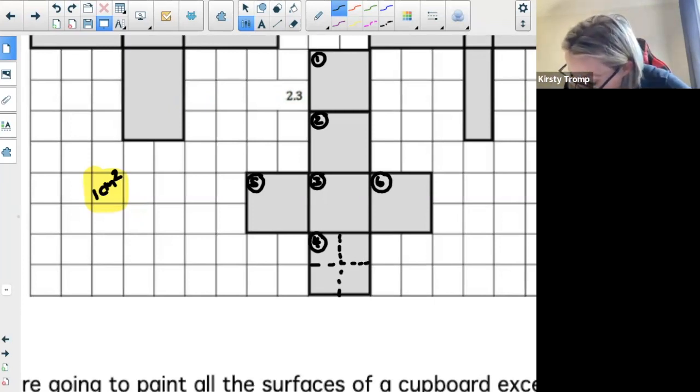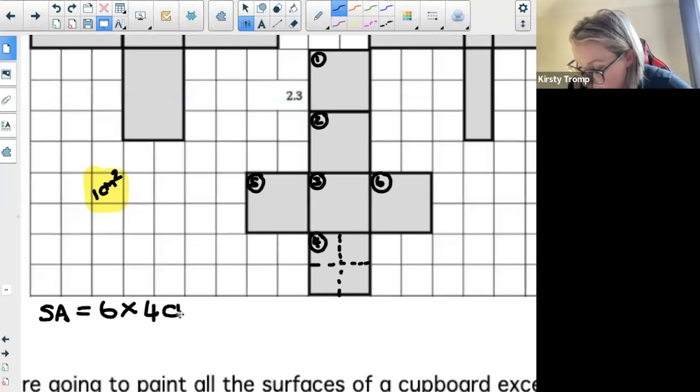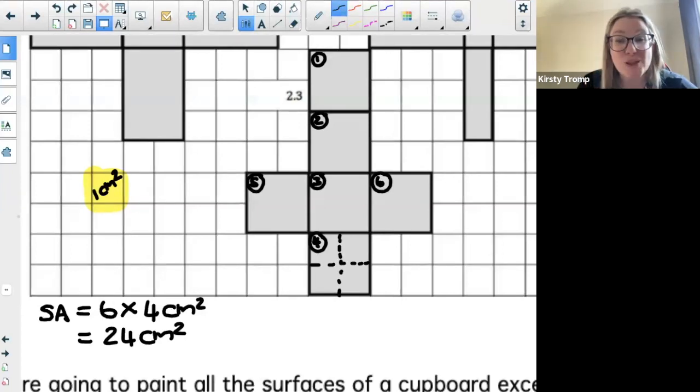So I'm going to say that the surface area is going to be equal to 6, because there's 6 of those squares, times by 4 centimeters squared, because that's the area of one of the squares. And 6 times by 4 is going to give me 24 centimeters squared. So what did we do? We worked out the area of one of the squares, and then we saw we had 6 squares, so we times it by 6. Okay.